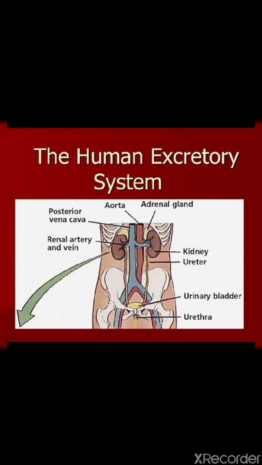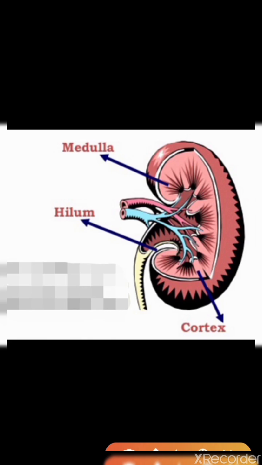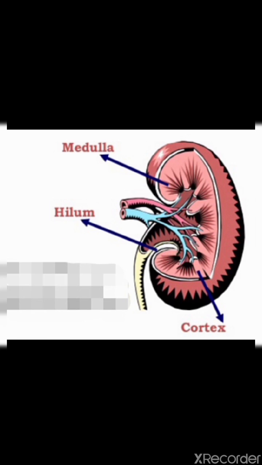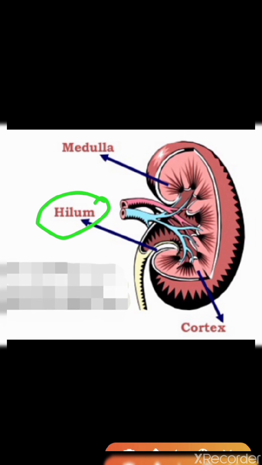Clear? The part towards the center on the concave side, this side is concave, is known as hilum. This is the hilum, from where the renal arteries, veins and ureters enter.